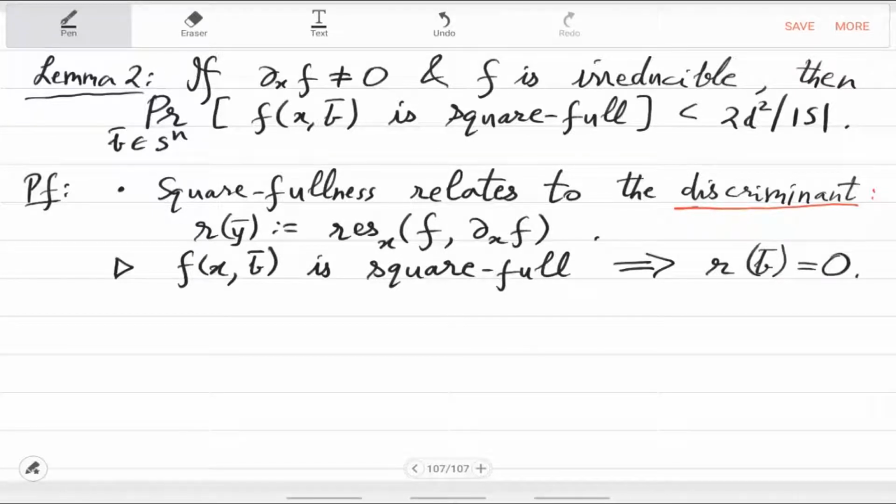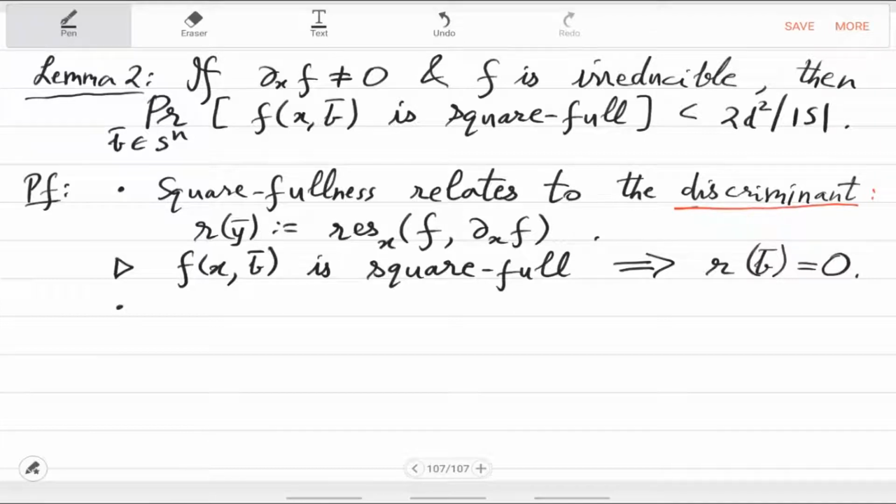The way to interpret it is that when you are fixing the variables y1 to yn, and suppose your polynomial becomes square full, then this means that the b bar that you have picked is a root of the discriminant R. And now you can invoke the polynomial identity lemma, which says that this is a very rare event.